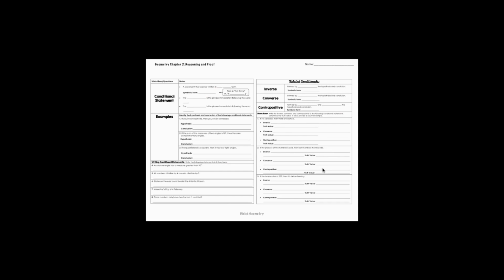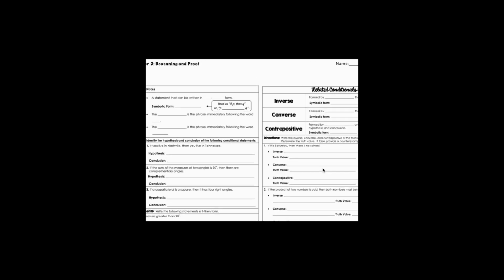Okay, next page is conditional statements. So a conditional statement is a statement that can be written in if-then form.